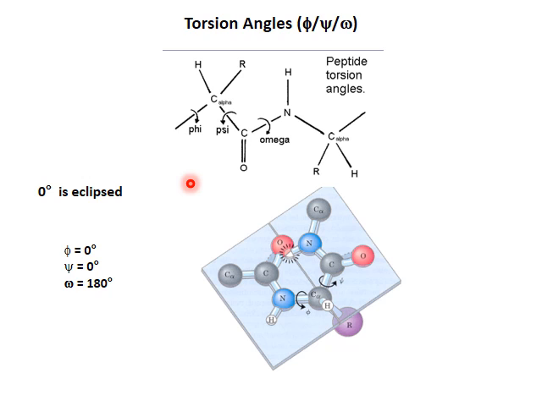Some angles will not be permitted, and you can see that in this illustration, where if you rotate too much around this alpha carbon, you start having steric clashes with the substituents attached to the carbonyl carbon. The amide hydrogen here starts to clash with the carbonyl oxygen of a neighboring residue if you over-rotate. So not all angles are possible for these psi angles because of these steric clashes.